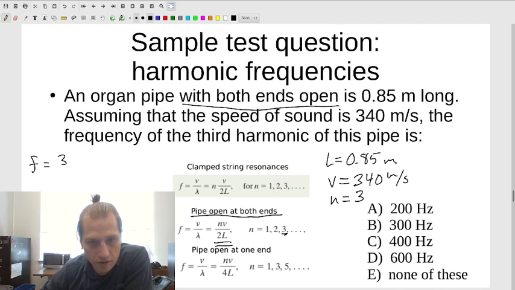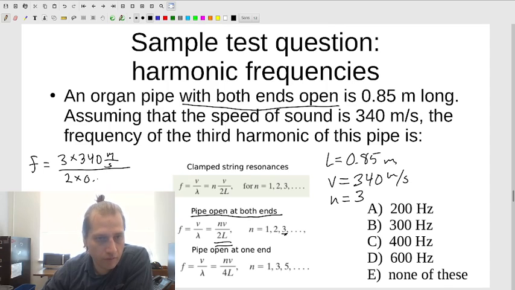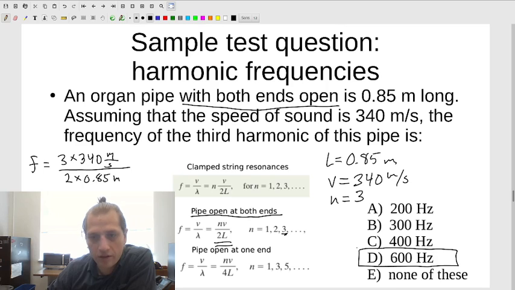I'm using this equation: 3 times 340, and that would be meters per second, divided by 2 times 0.85 meters. Okay, so you can plug in those and find 600 hertz. So that's not too mind-blowing.